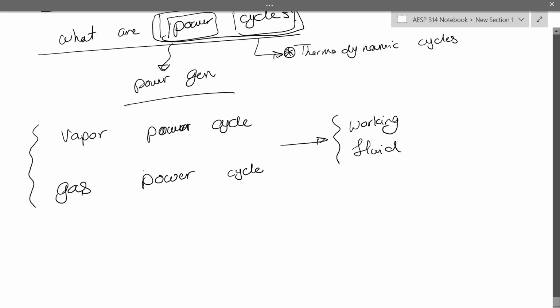Essentially the process is like this. You usually heat up a gas or a liquid, a fluid in general, and then use that higher energy gas or vapor to move something, to move a turbine, whatever that is. And that vapor or gas is called your working fluid. That's the thing that is going to circulate inside your system.